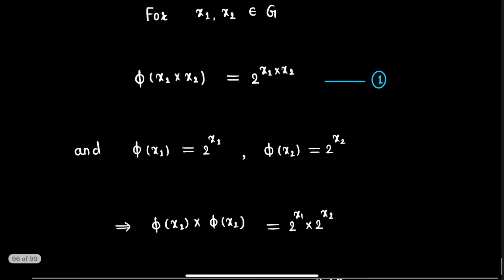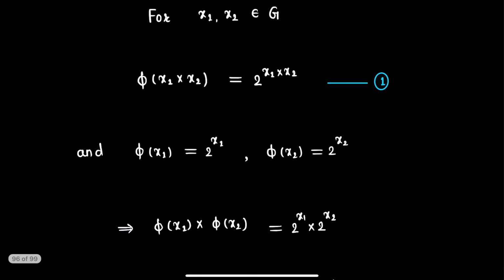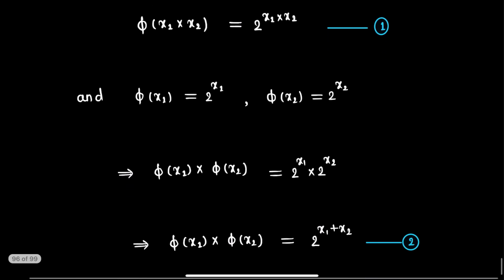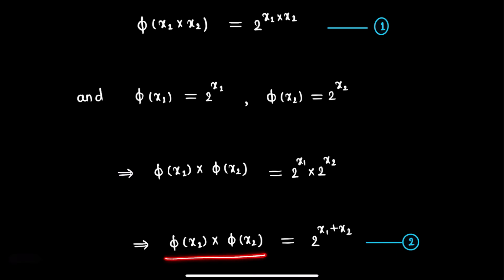Now next, consider phi of x1 will be equal to 2 to the power x1, and phi of x2 will be equal to 2 to the power x2. And then phi of x1 multiplied by phi of x2 will be equal to 2 to the power x1 multiplied by 2 to the power x2, which gives phi of x1 multiplied by phi of x2 equal to 2 to the power x1 plus x2.